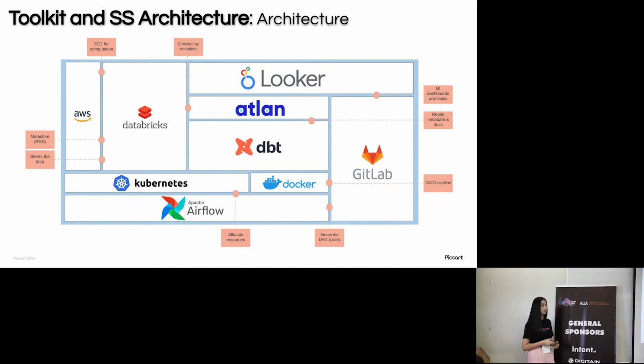And let's talk about how we store all of these models. We use dimensional modeling here, and to visualize them, we use Looker with two-layer visualization. That means we keep fact tables and cube tables. Fact tables are aggregated results with some common dimensions, which means we aggregate our events and join with common dimensions.